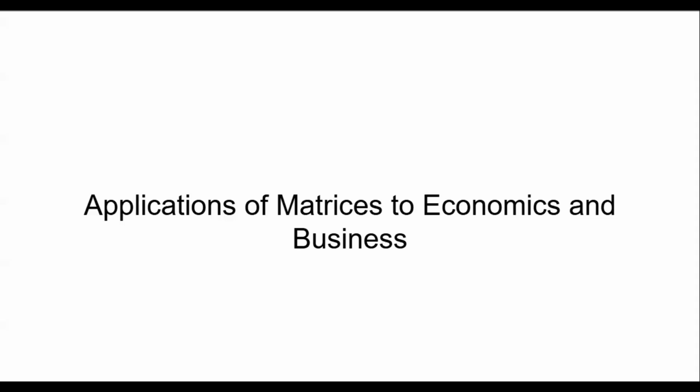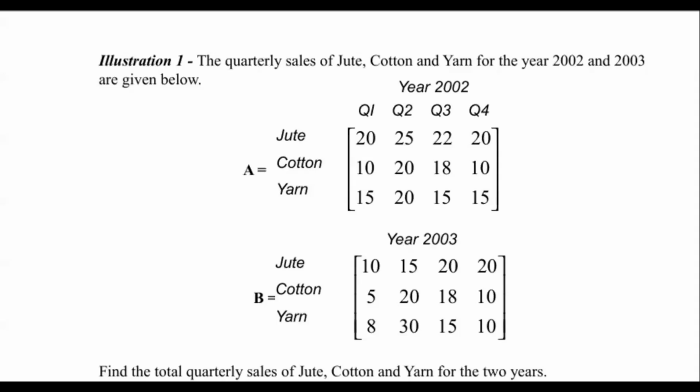Let's start with simple addition and subtraction. This is a very simple one. Here you have the quarterly sales of a company. By the way, a lot of the examples come from an Indian writer, so if you see the money expressed in rupees, please don't be alarmed.